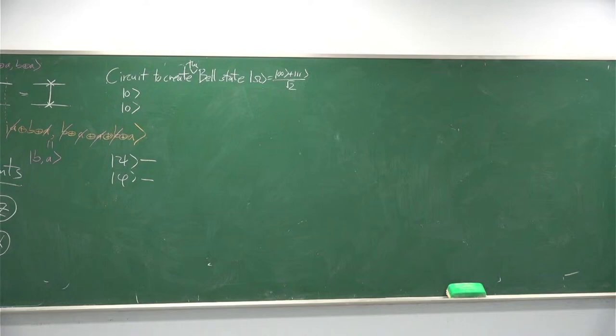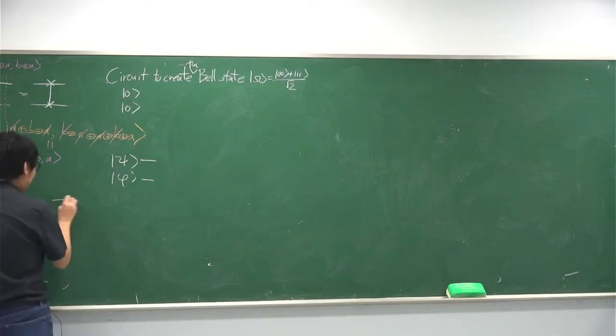But if you add the T gate, or actually any gate that doesn't map Paulis into Paulis, then that promotes the computation to universal quantum computation, which means it can simulate any reasonable quantum process.